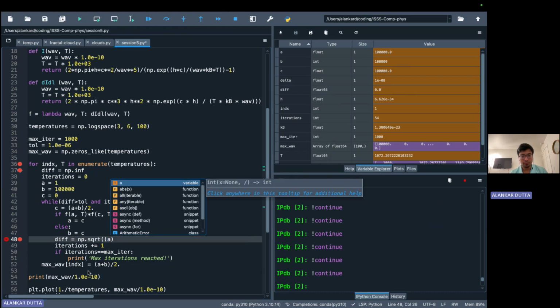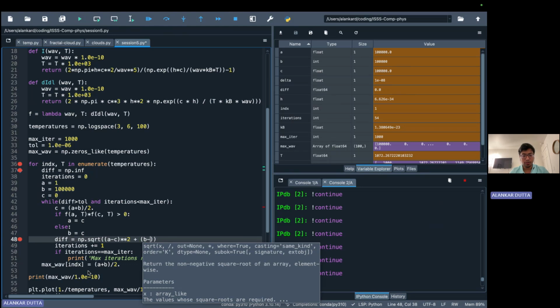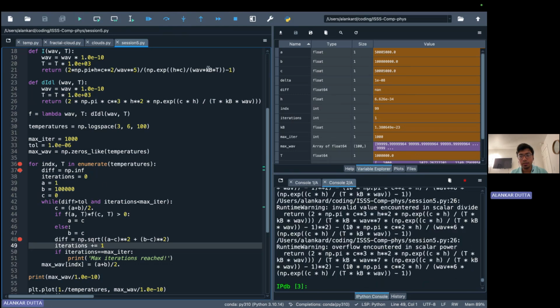This is my mistake. So this is A minus C whole square plus B minus C whole square. So all this should be close to each other within 10 to the minus 6 is when I reach this. Okay.